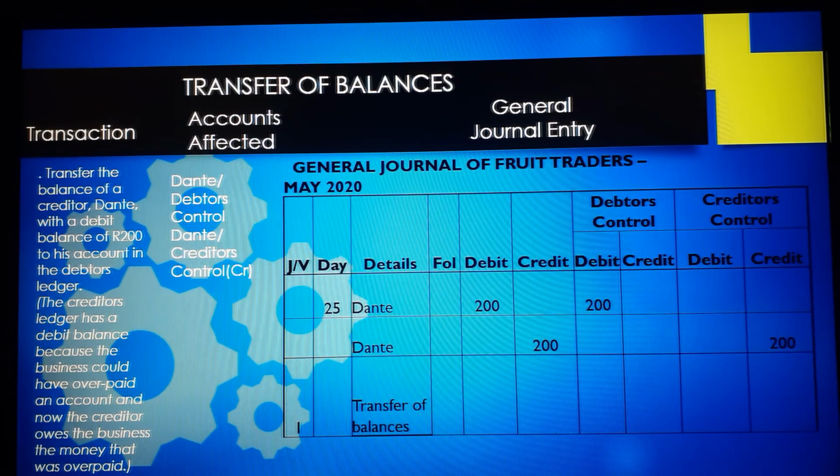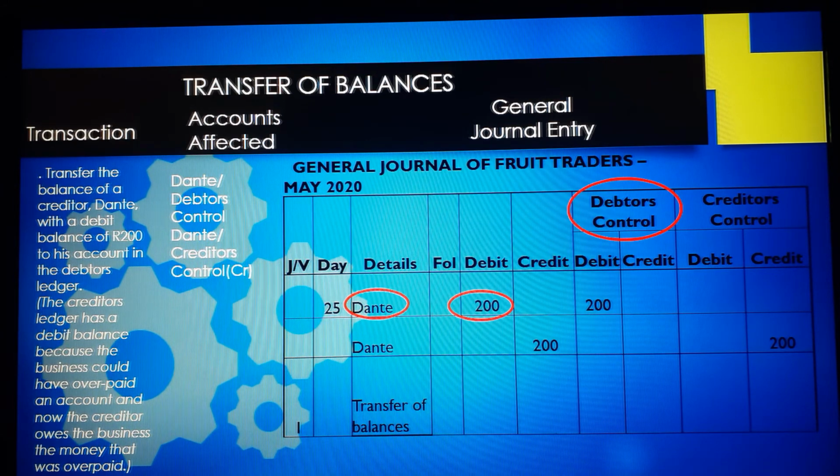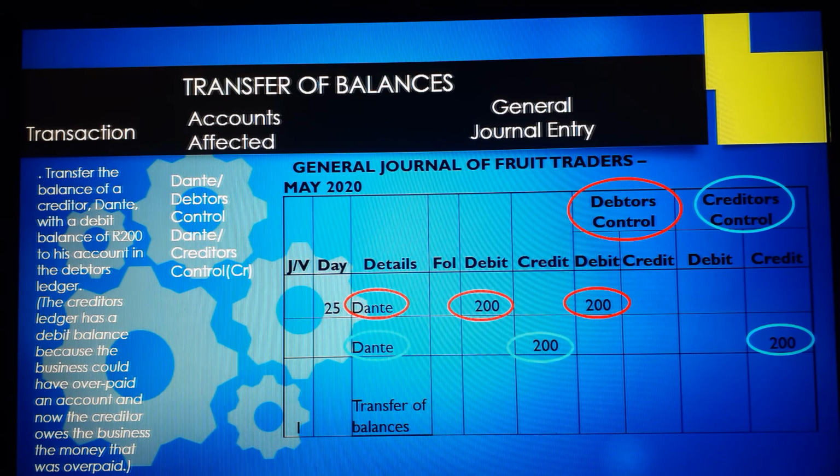So we would then debit Dante's account in the debtors control and credit his account in the creditors control, okay, to account for the overpayment because we now owe him the money. Okay, so it's a debit to debtors control and then a credit to creditors control.